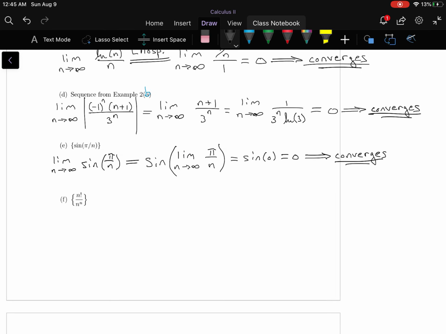And finally, we get to F, and that says we have a sequence n factorial over n to the nth power. So this is a little tad more complicated. And so in this one, our a sub n is n factorial over n to the nth power. So it's important to keep that one in mind.